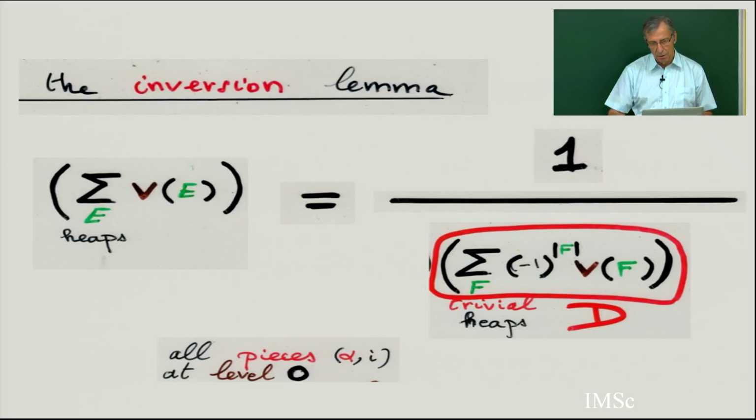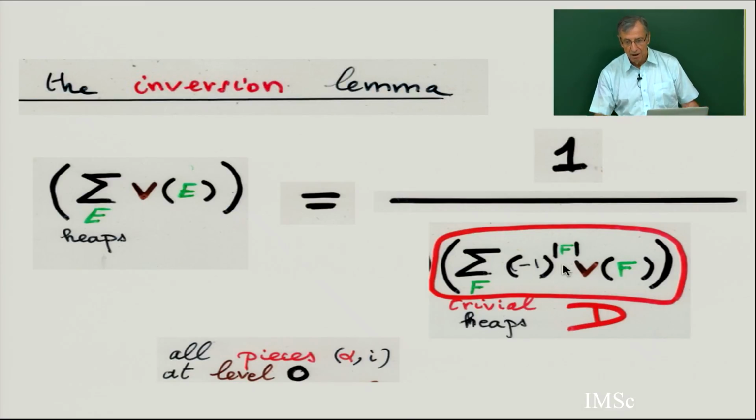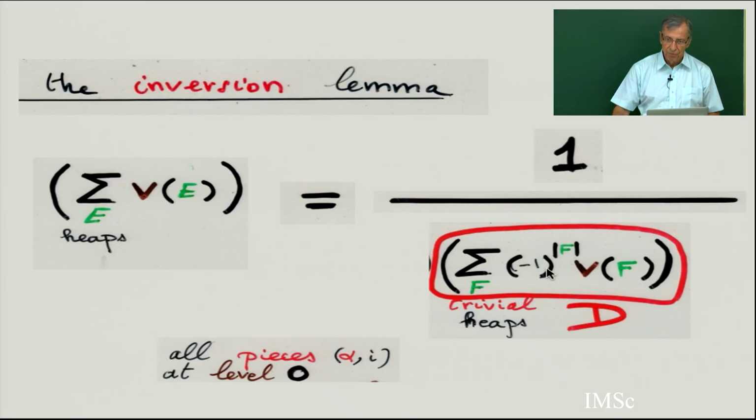Trivial heap means that all pieces are at level 0. So the poset underlying the heap is the empty poset. And you have a sign plus or minus 1, given by the number of elements of F. I call this the alternating sum of the generating function of trivial heaps.